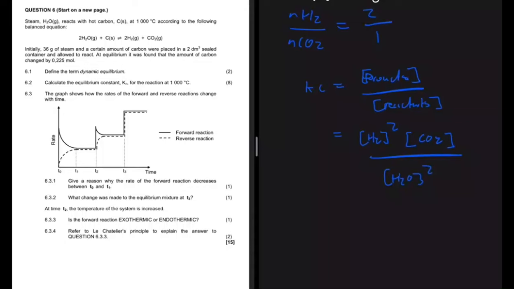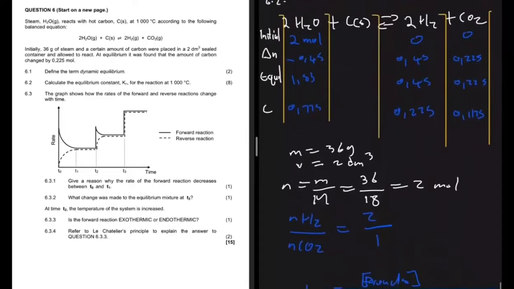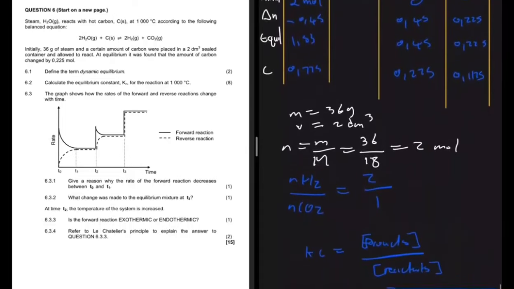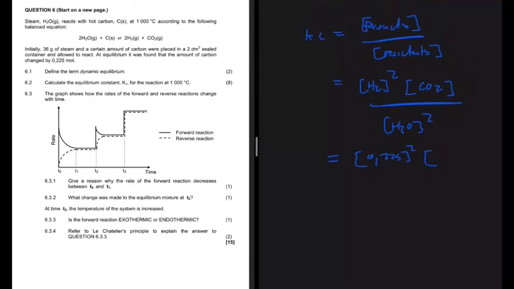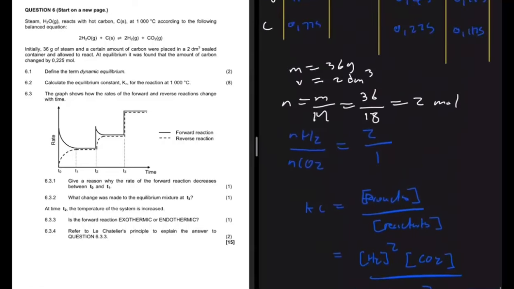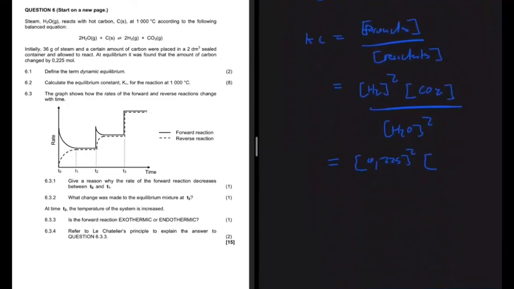So we can go ahead and substitute those concentrations. So for H2, we have 0.225. So we're going to have 0.225 squared multiplied by the concentration of CO2. The concentration of CO2 is 0.1125. So we're going to have 0.1125. And then divided by the concentration of H2O, which is 0.775.